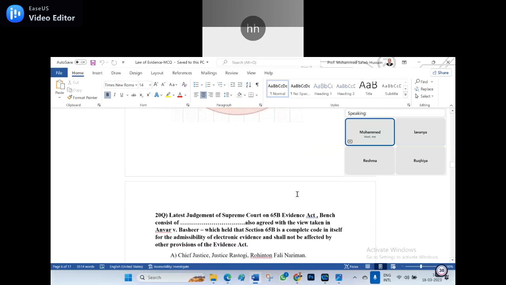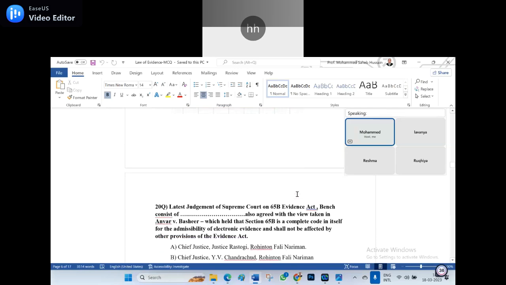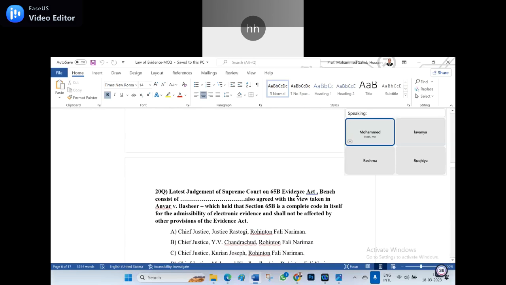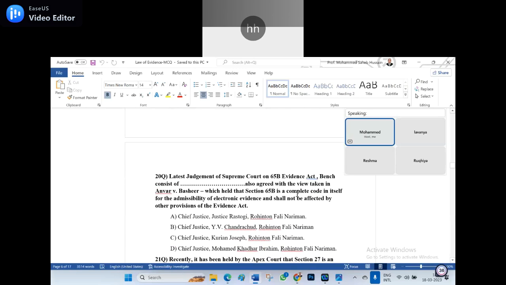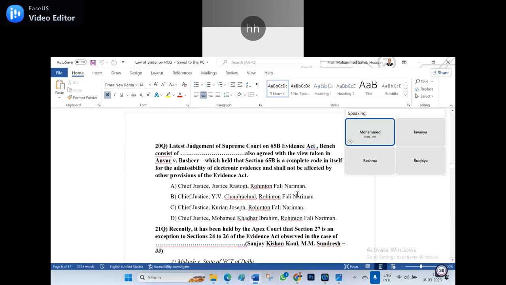And now let us start our 20th question. Be ready to shoot. Latest judgment, I repeat, latest judgment of the Supreme Court on 65B Evidence Act.